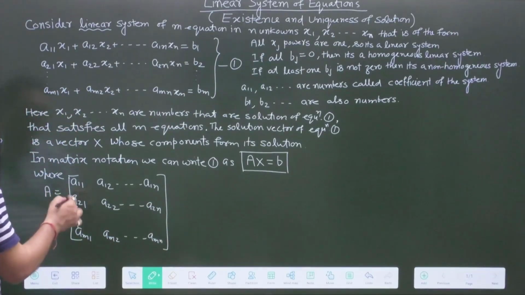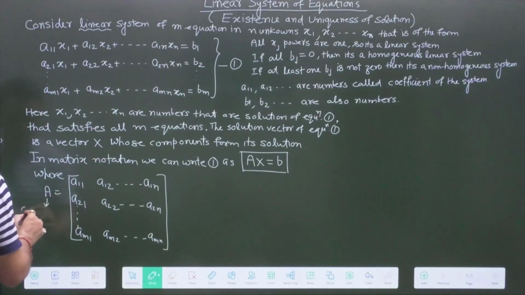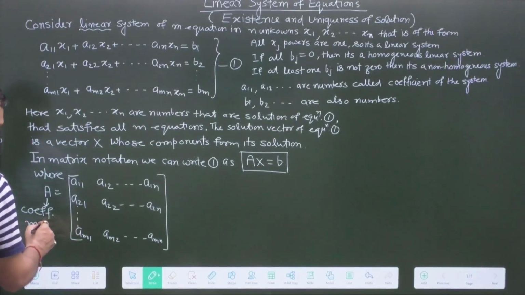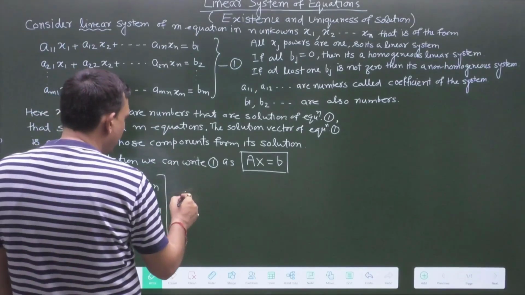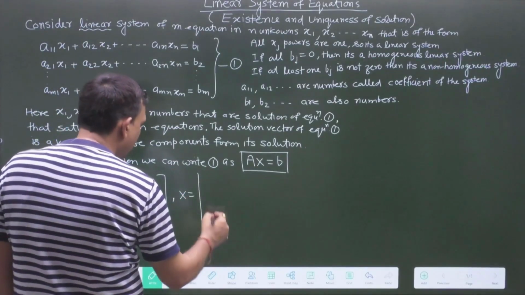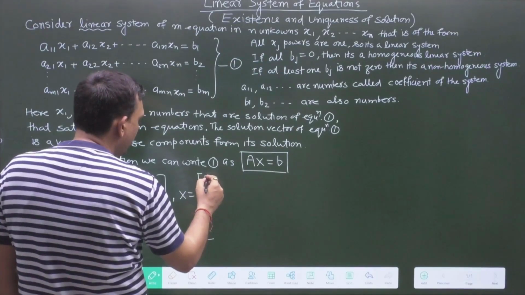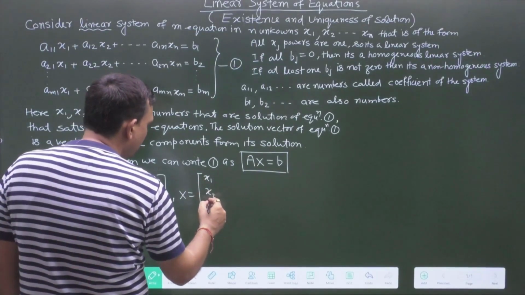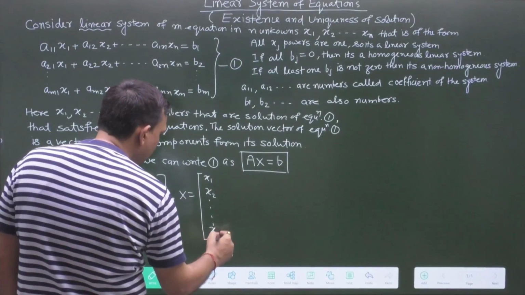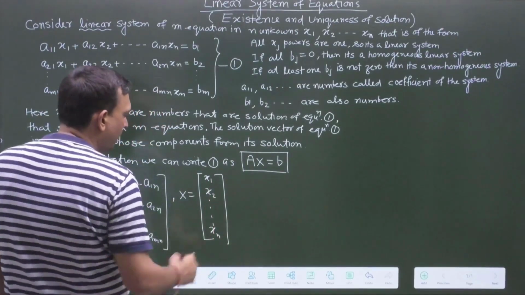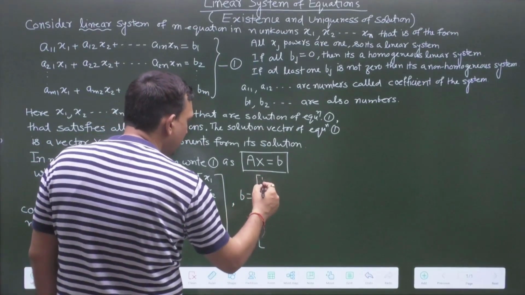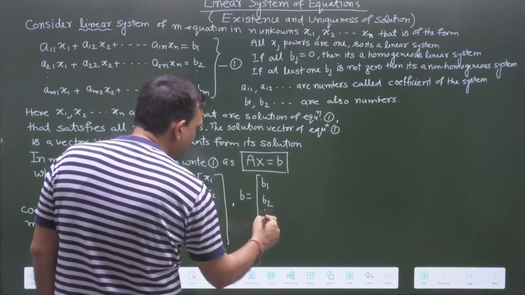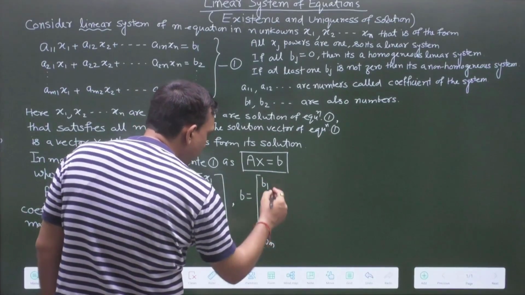This is called the coefficient matrix, where x is a vector whose components are x1, x2 and xn, and b is also a column vector, b1, b2 and bm.